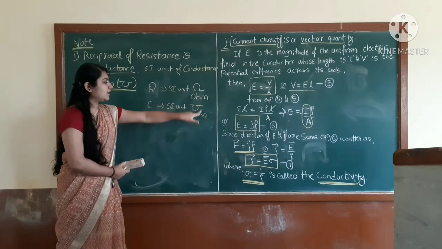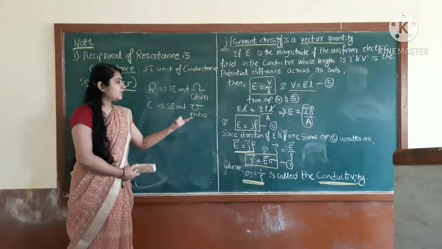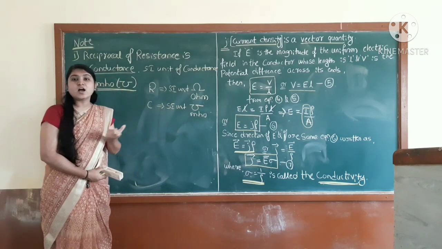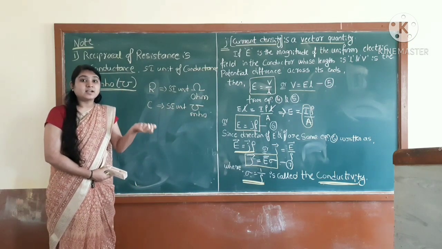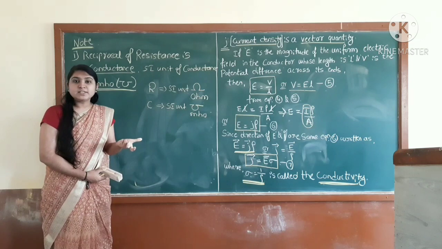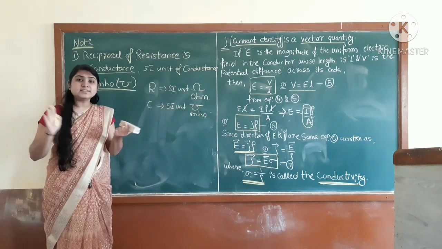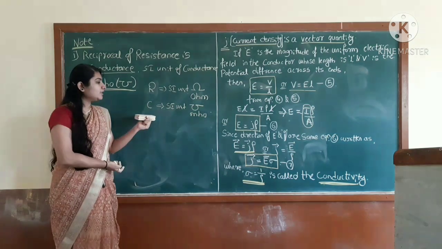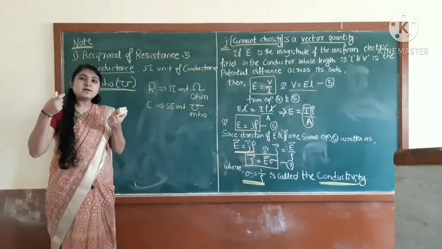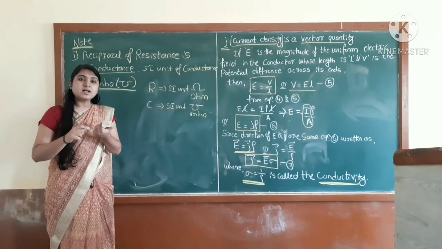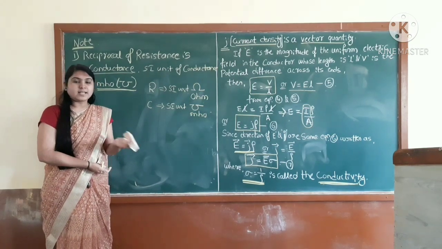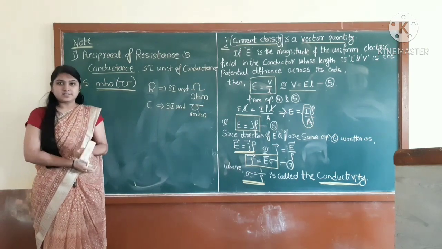Here M, H, and O is simply opposite. Resistance and conductance are opposite. Conductors are the materials which easily pass electricity through them. Conductance is the property which allows electric current to pass easily through the material.